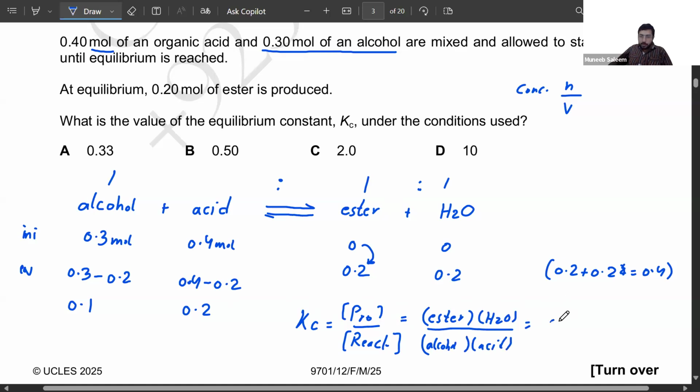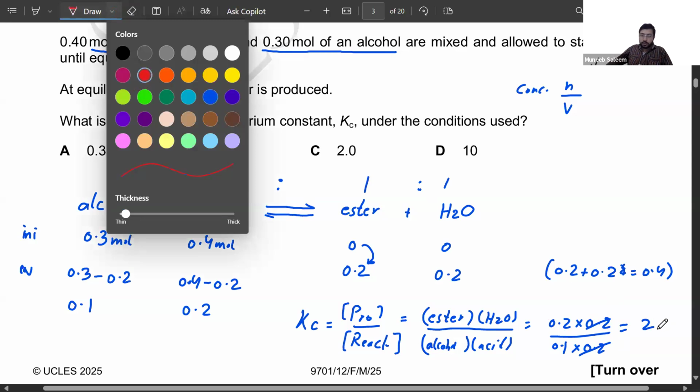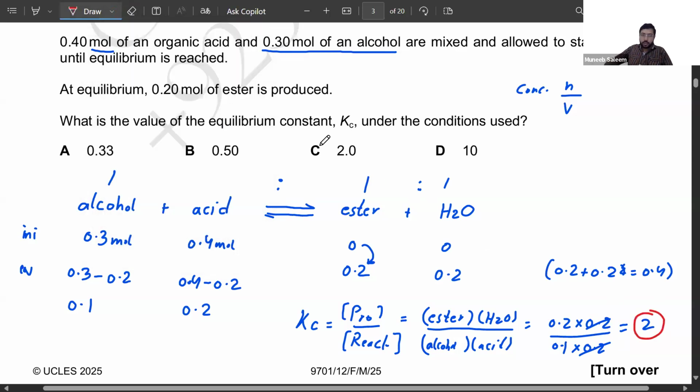Ester and water at equilibrium were 0.2 times 0.2, and the alcohol in the equilibrium position is 0.1, and the acid is 0.2. Now you do a simple calculation. 0.2 divided by 0.1 will give you the value 2. So 2 is the right answer. C is the correct option.